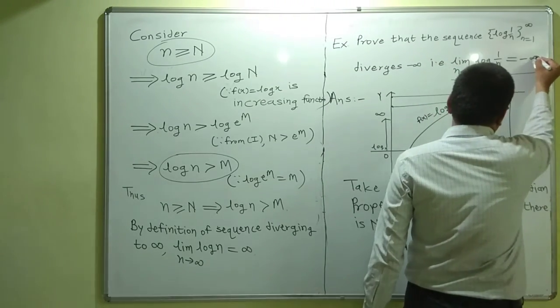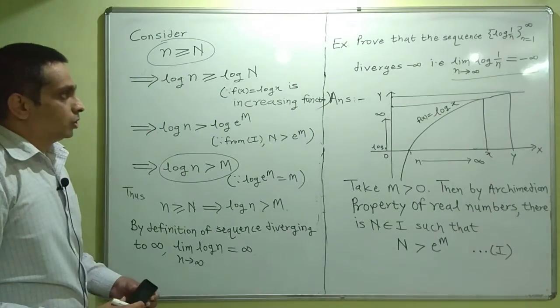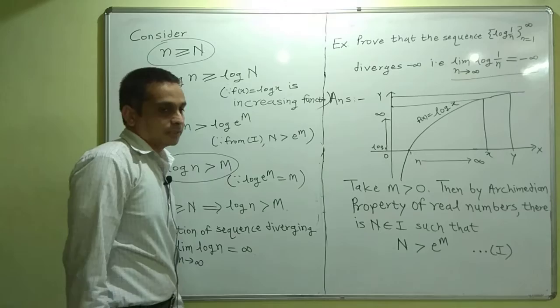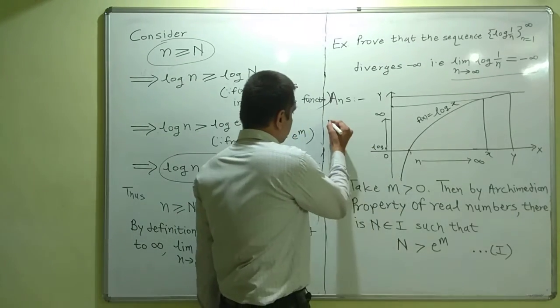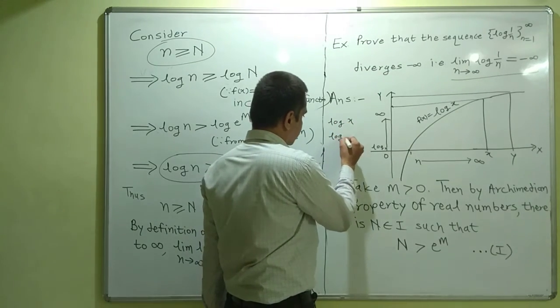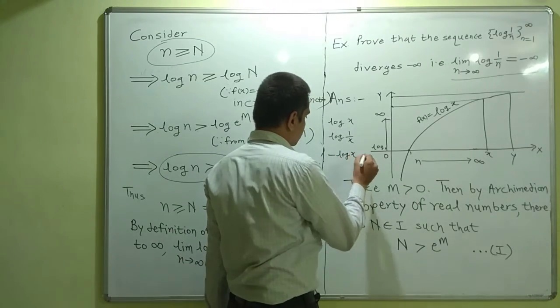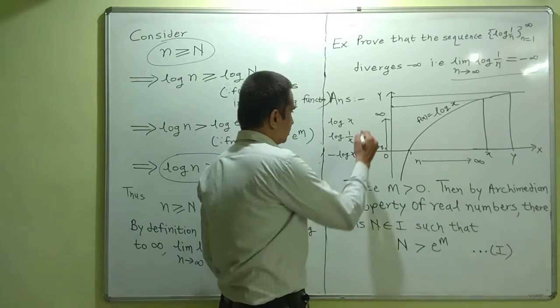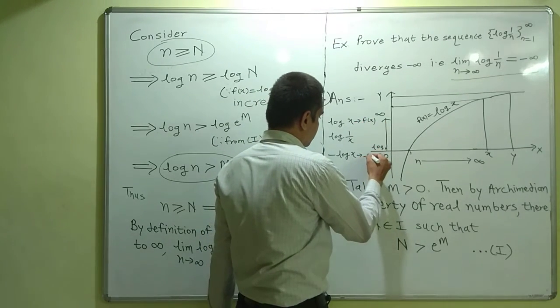Again we will have a graphical interpretation. Can you plot the graph of f(x) equals log of 1 by x? If you observe, log of 1 by x is nothing but minus log x, so this is f(x) and this is minus f(x).